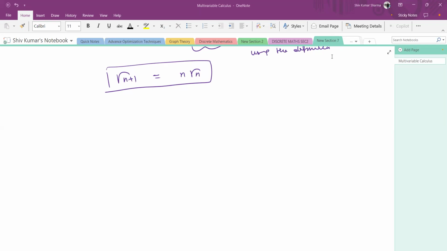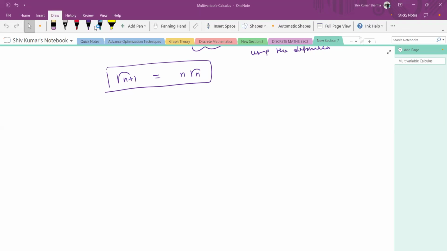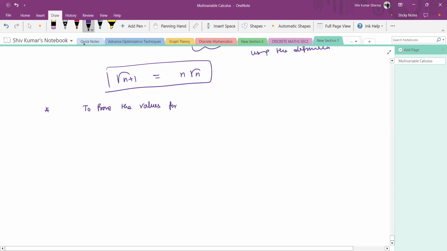In continuation of the previous lecture based on the gamma function, we take another theorem related to that. So here we will prove the values: gamma 2 is equal to 1, gamma 3 is equal to 2, that is also we can write as factorial 2.